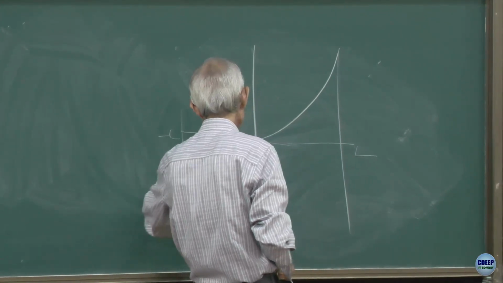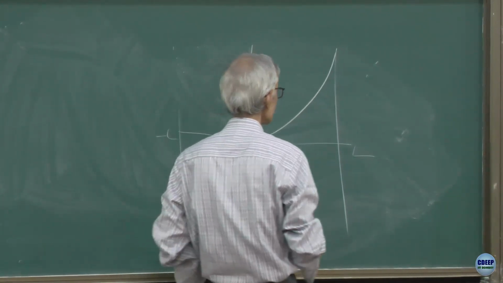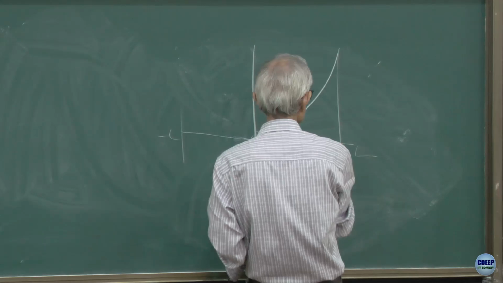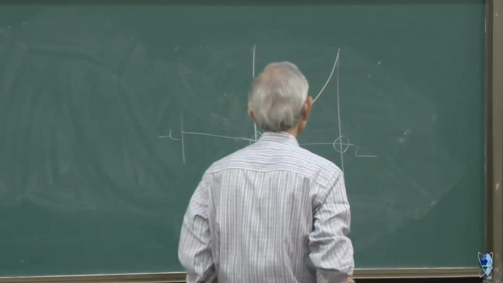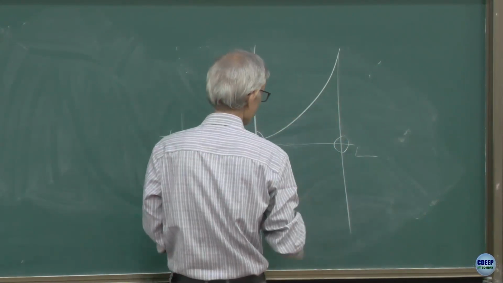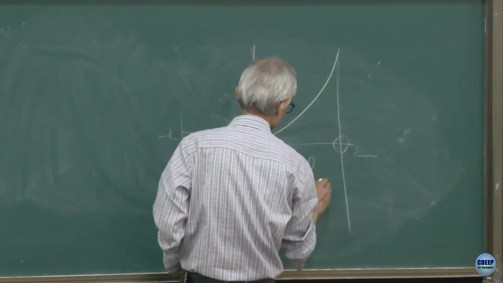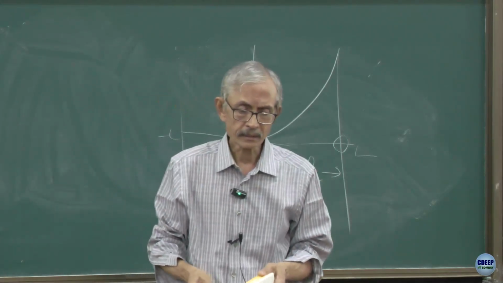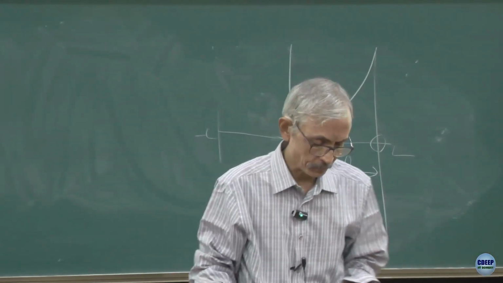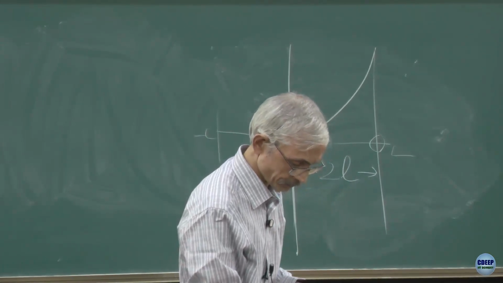And if you don't like either even or odd functions, you can just say that I'm going to just use this guy here. And I'm going to say that this is L, but this is 2L. Okay, so that's twice the period, and I can go ahead and formulate it in that fashion also.